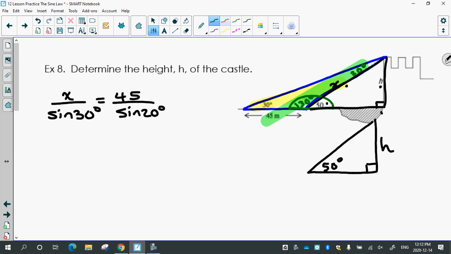Okay? Then multiply both sides by sine 30.